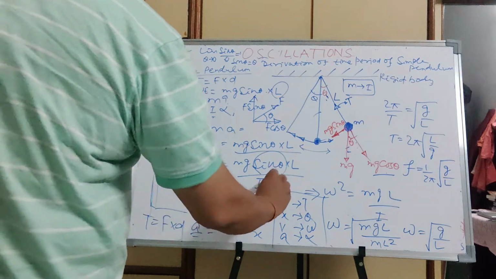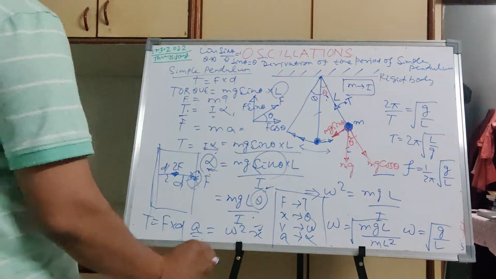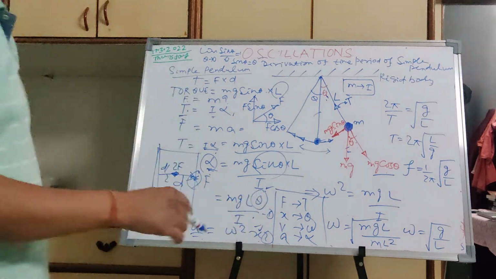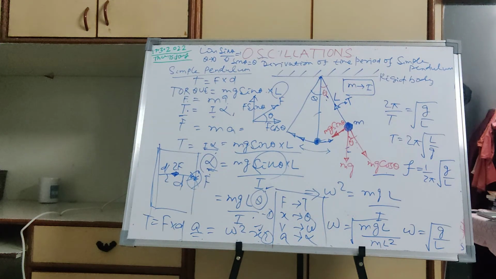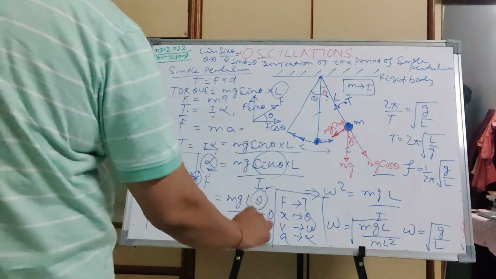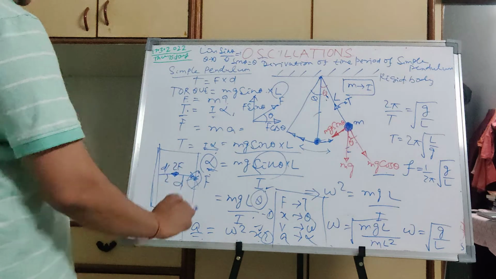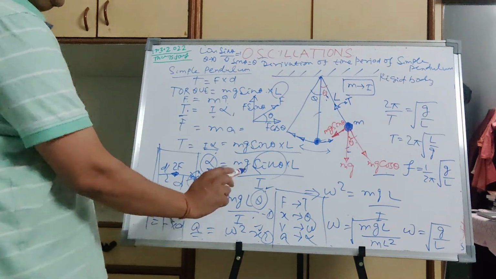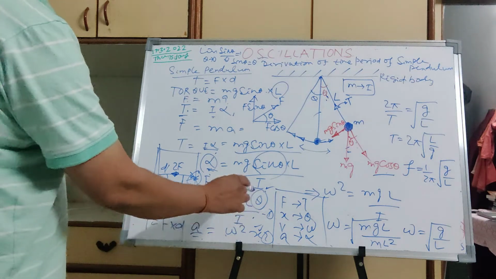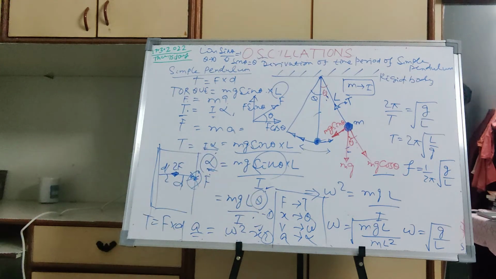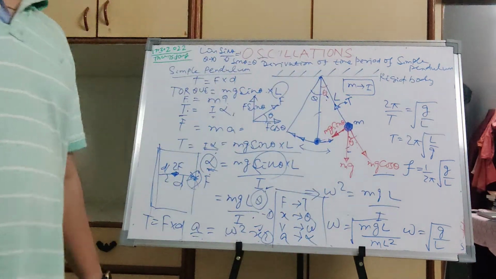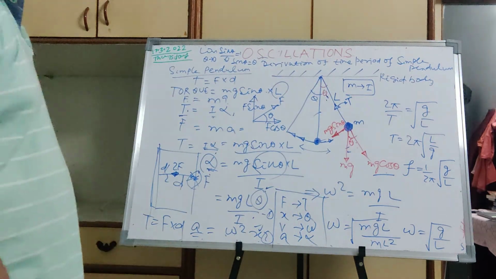Comparing these two equations, x and theta are similar: x is linear displacement, theta is angular displacement. If alpha and a are equal, then omega square becomes equal to mgl by I, because this is angle, this is distance, the same.